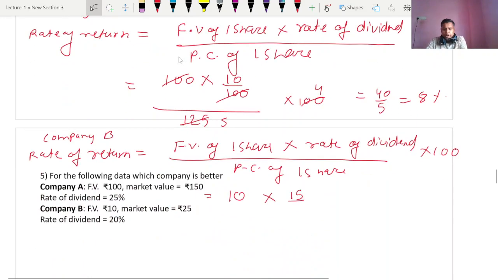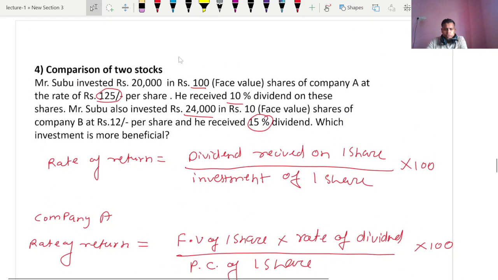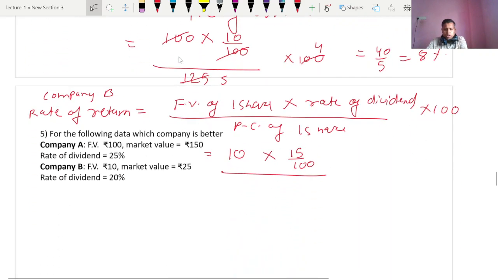So 15 by 100, divided by the purchase cost of one share. The purchase cost of one share is what? 12 rupees, since there is no market price involved. So 12 into 100. Correct? So cancel this 100. This will become 150 by 12.